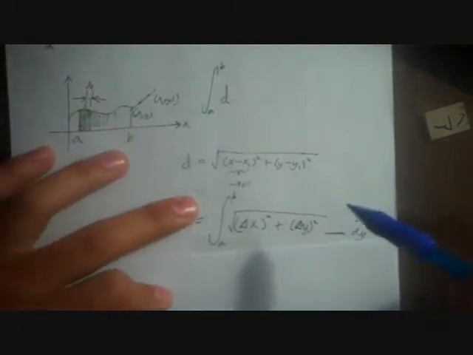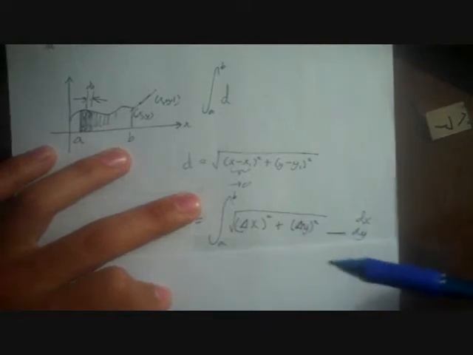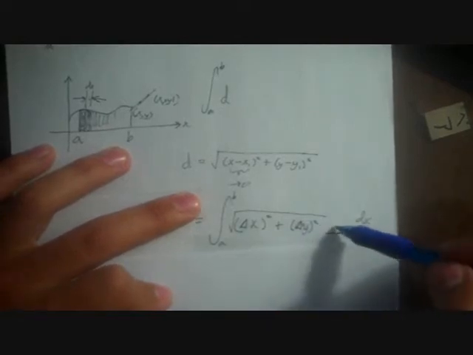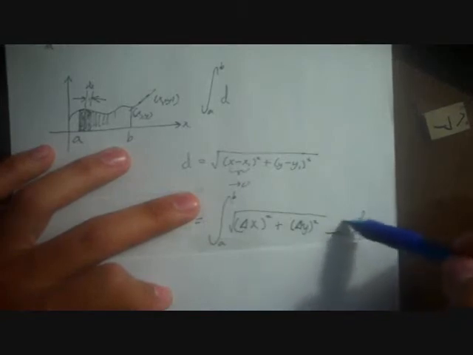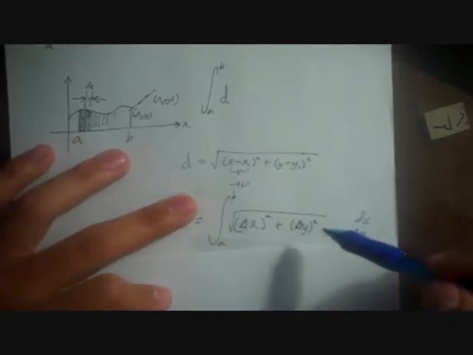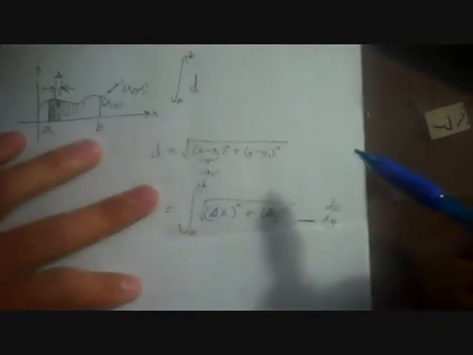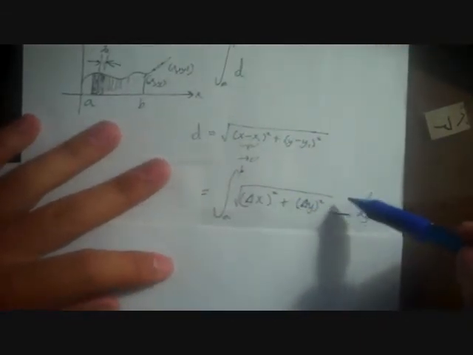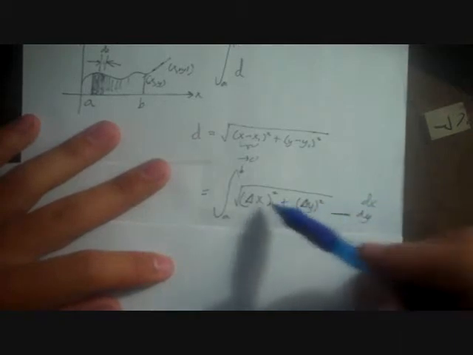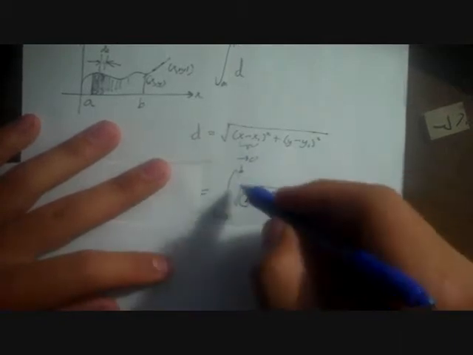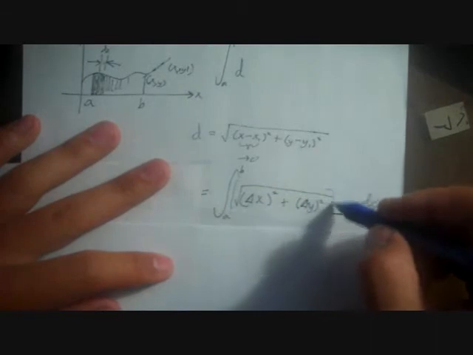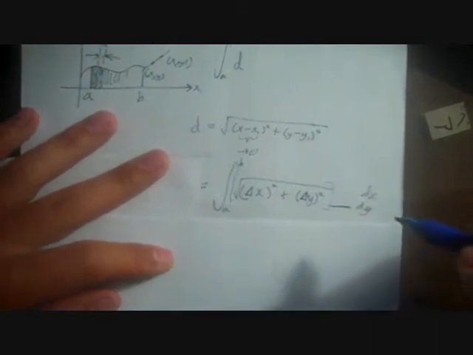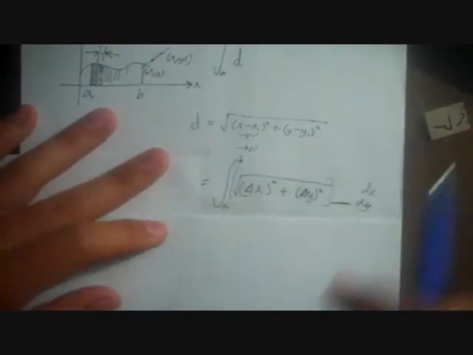Now, when anti-differentiating, you have to know what variable you're anti-differentiating with respect to. So you have to have a dx or a dy, a dummy variable, you can call it. Because this is a function, we're probably going to want to do this with respect to x. So we're going to make this dx, or delta x. So we need to find a way to pull a delta x out of our integrand, so we can use it as a dummy variable.